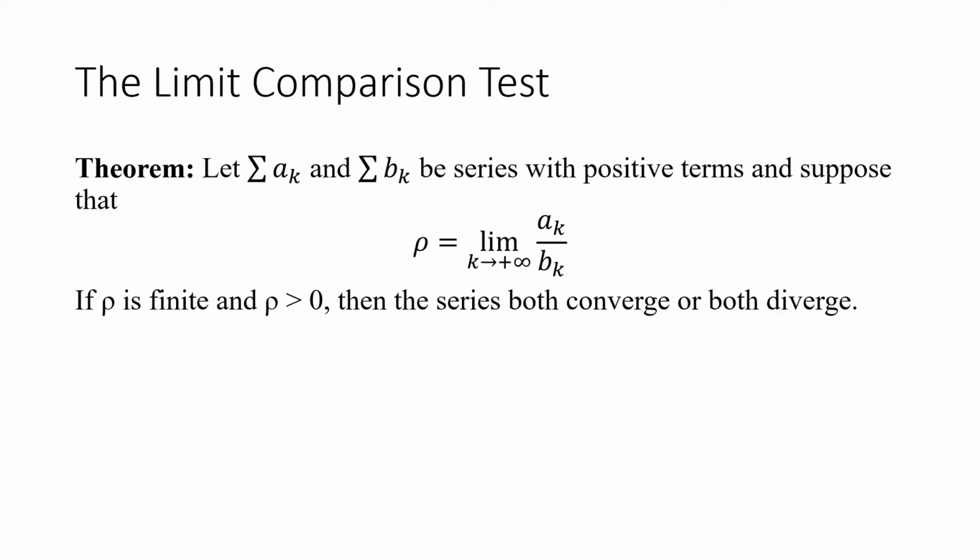So to use the limit comparison test, we must first guess the convergence or divergence of the series a sub k, and then find the series b sub k that supports our guess. Okay, let's have an example to illustrate this principle.